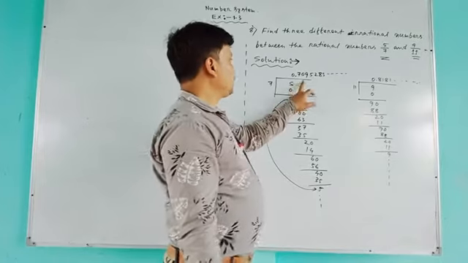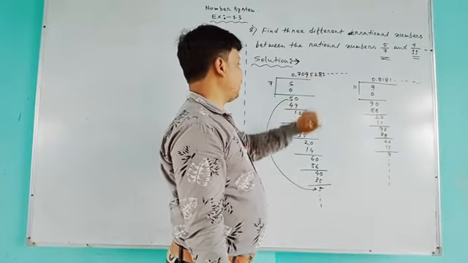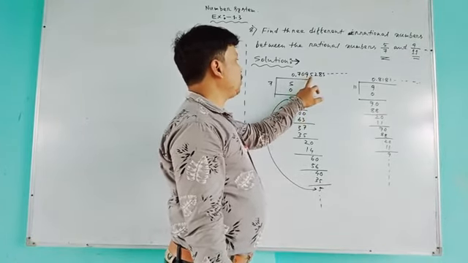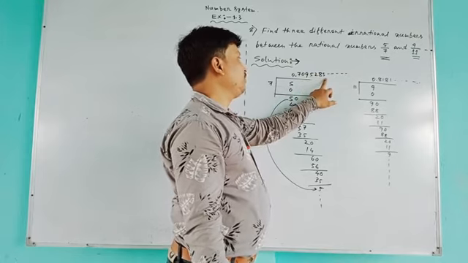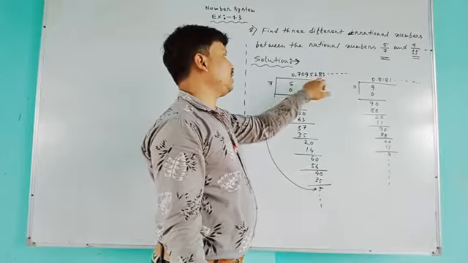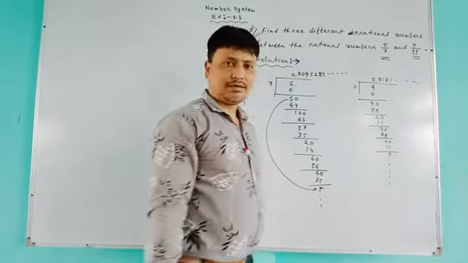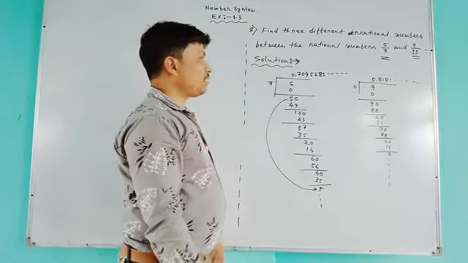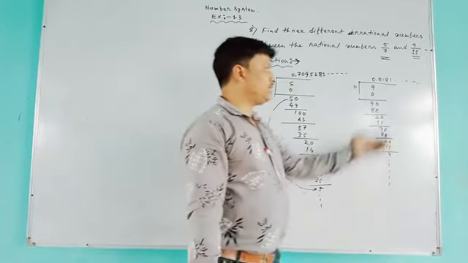The digits 7095285, a total of 7 digits, will repeat again. That means it is a non-terminating and repeating decimal expansion.